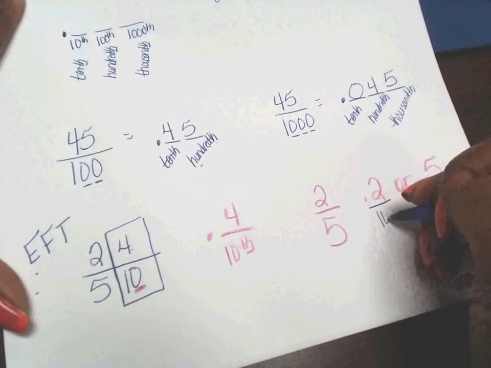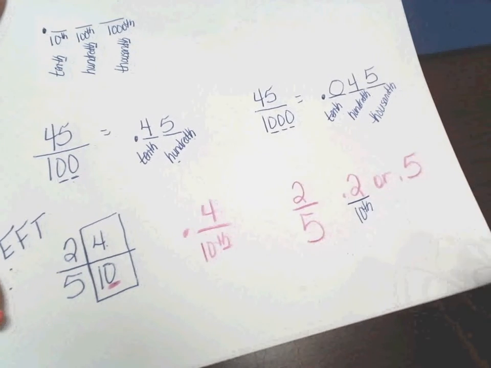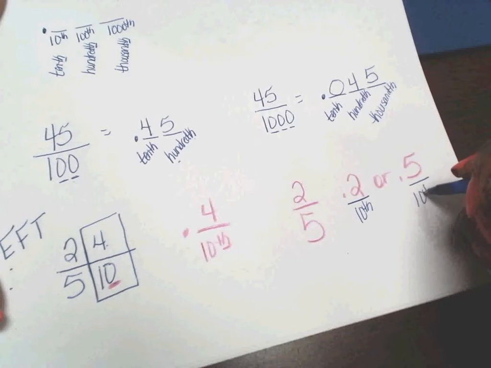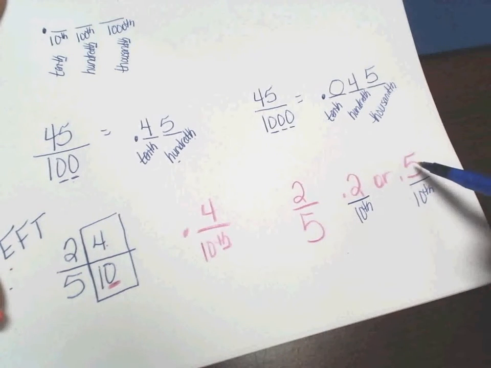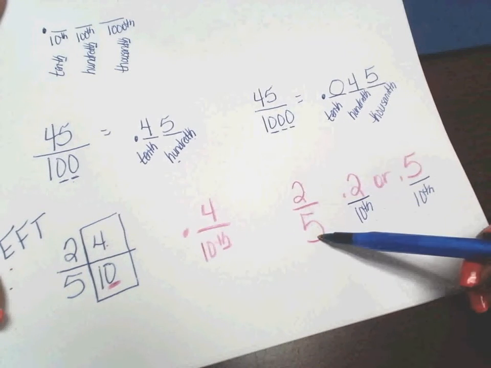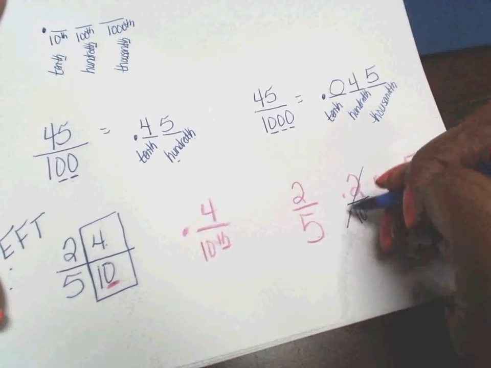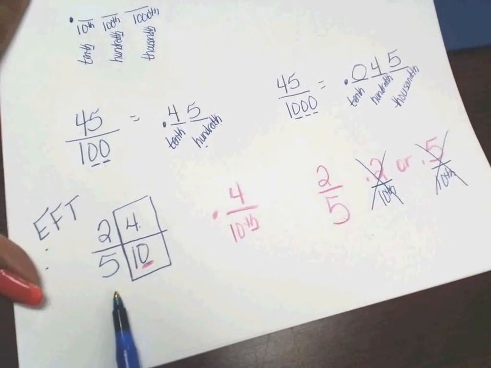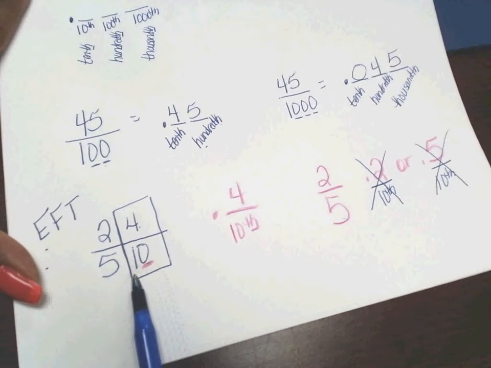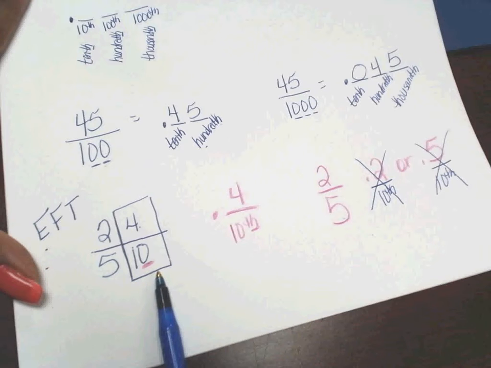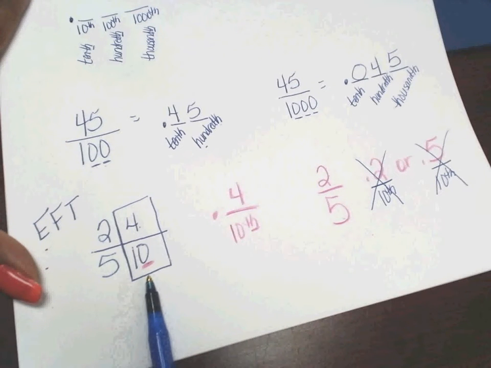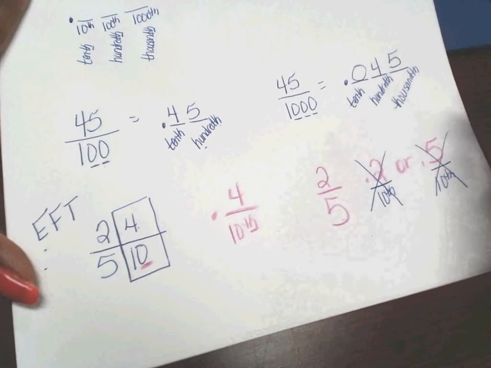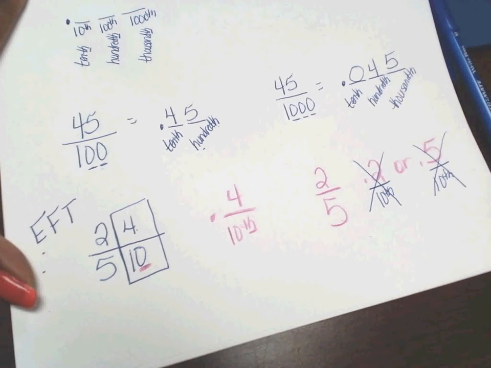They're wrong because when you label this and it's 2/10 or this is 5/10, neither of those look like 2/5. Okay? So this is wrong and this is wrong. You have to make sure that you do an EFT or something that you can do to get your denominator to be 10, 100, or 1,000. Okay? We'll try some of those in class today.